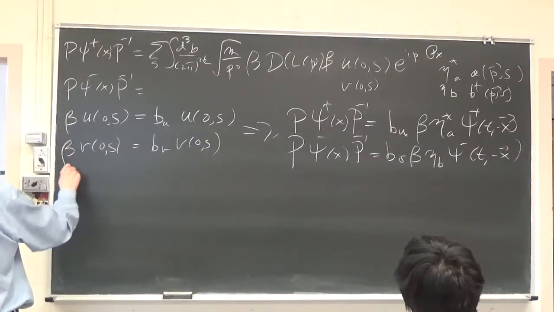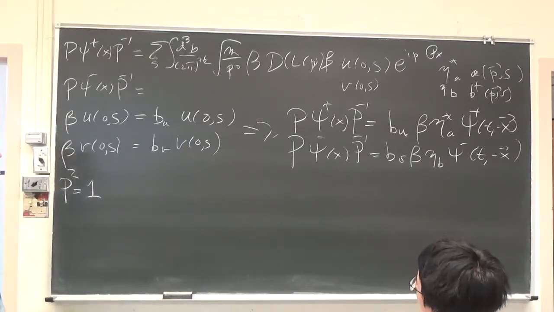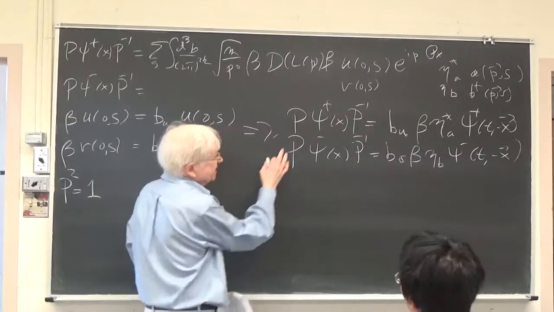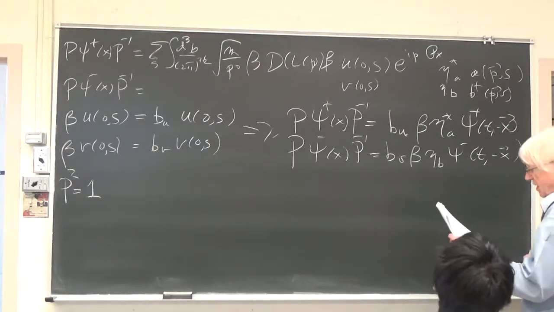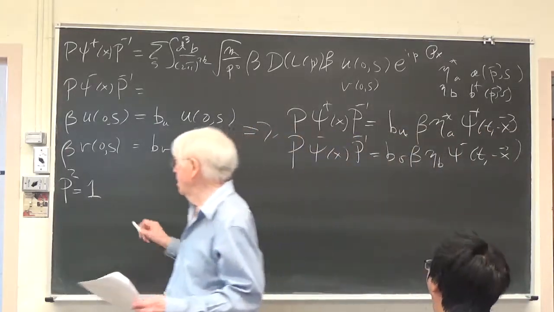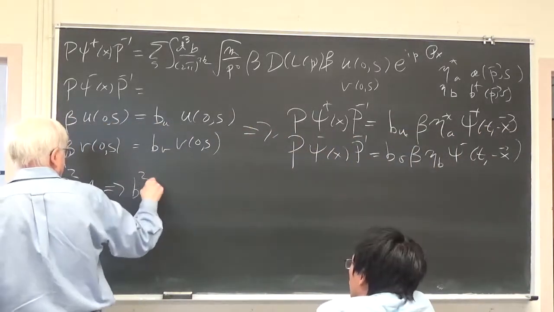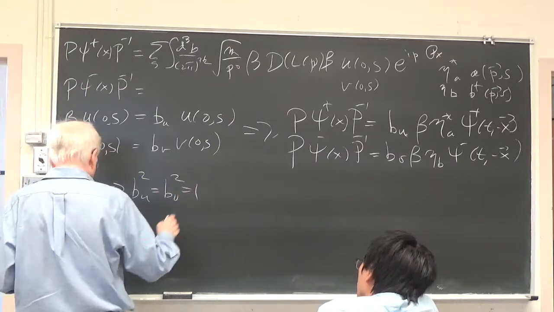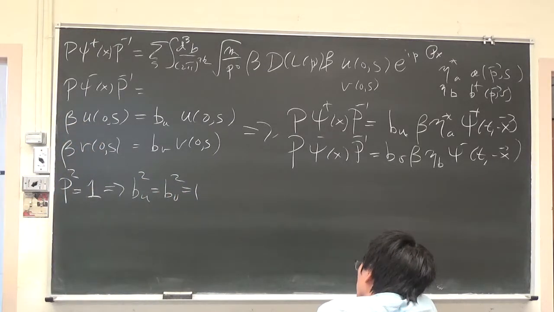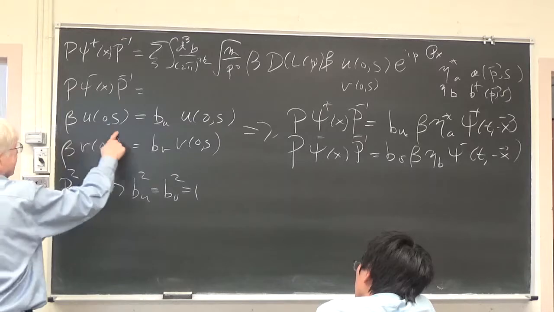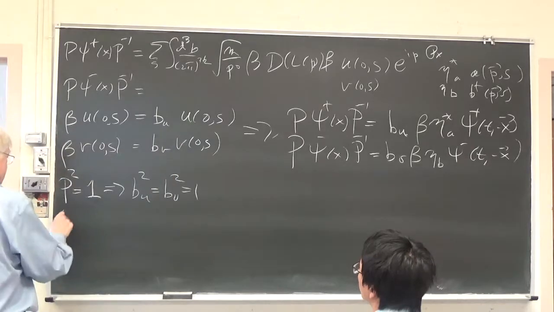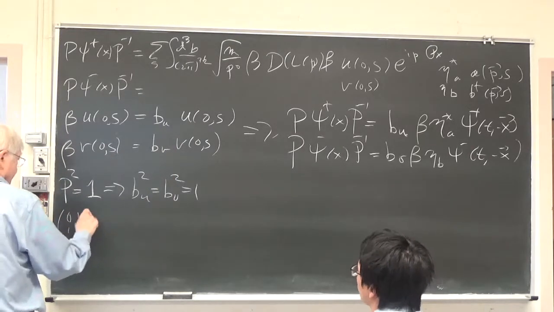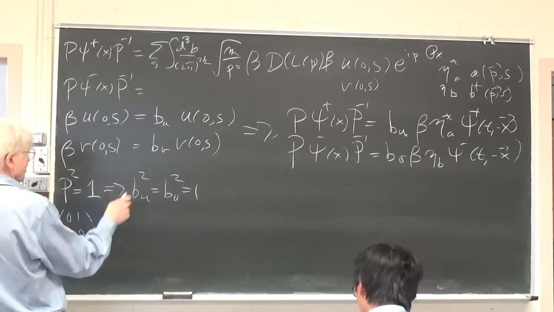Okay, well, we also know that P squared is equal to 1, and so if we did this thing twice, we'd learn that BU squared and BV squared are just signs, plus or minus 1. What this tells us then, with beta U being BU U, you see beta is like this. And so what is U of 0 and S?